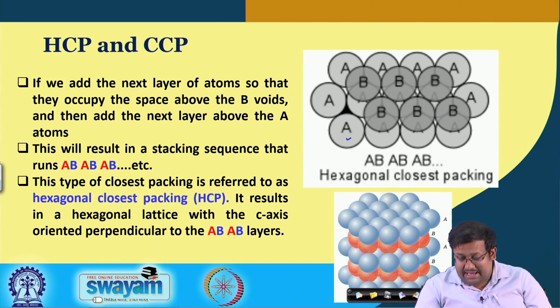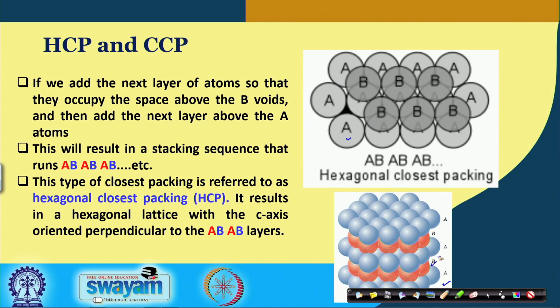So, we have a layer of A atoms and then a layer of B atoms and then again a layer of A atoms and B atoms. Alternatively they are repeating each other, and these B atom layers are placed above the B voids. It is not directly placed above the A atoms.